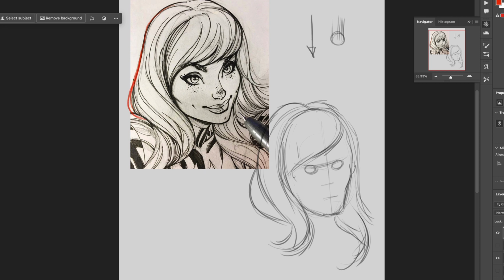So that's what you want to keep in mind when you draw hair. You also want to keep in mind what the forces acting upon it are, whether it's wind, or in this case gravity, right?